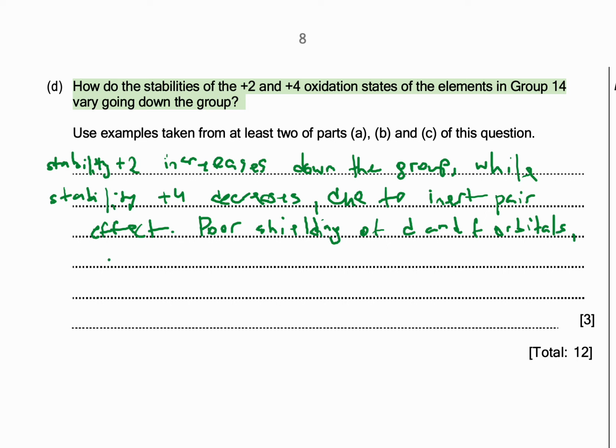Only in the case of poor shielding of d and f orbitals, only 2 electrons from the outermost shell are used to form a bond.